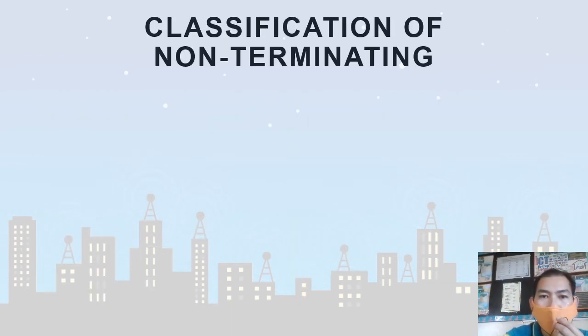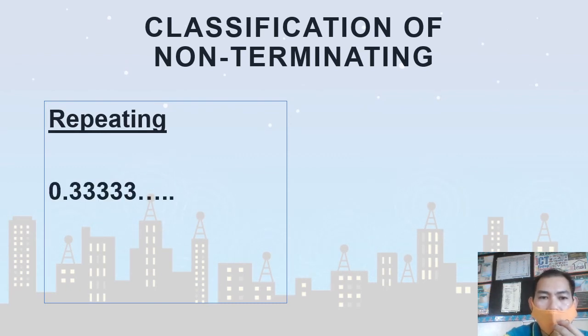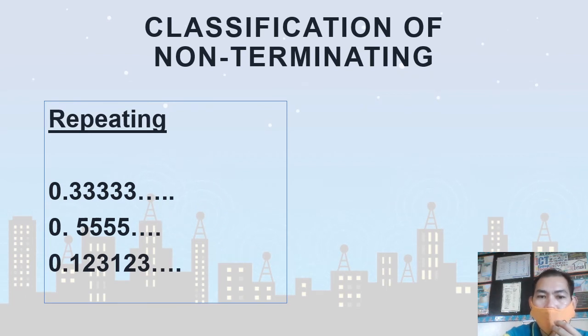Okay, so for the classification of non-terminating, we have the repeating non-terminating decimals. Examples of that are the following. So you will see that it keeps on repeating. And then if there is a group that keeps on repeating also, for example, 0.123, then 123, it is also called repeating non-terminating decimals.